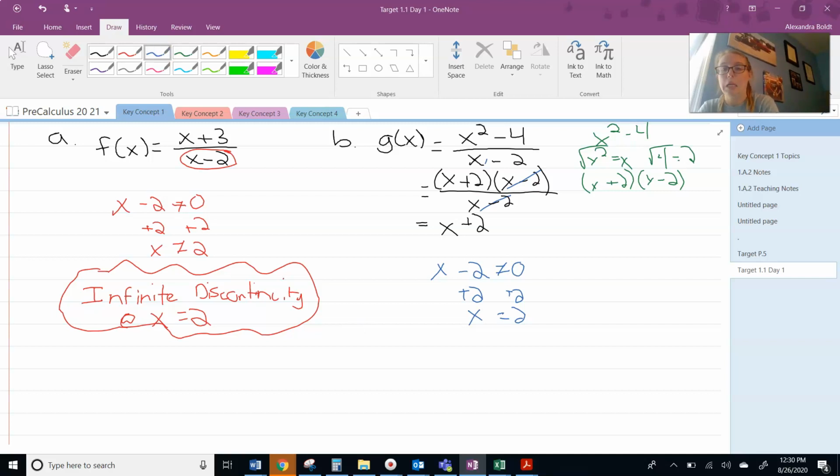X cannot equal 2. And then just saying this is a removable discontinuity at x equals 2.